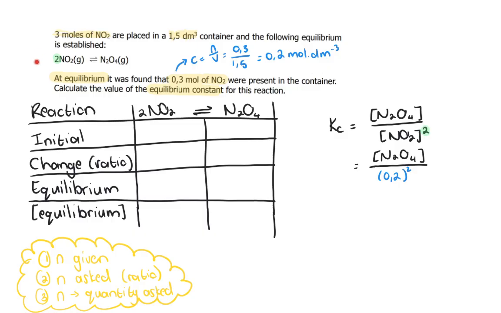Then you change your moles into the specific quantity that they asked you, whether concentration, mass, or volume. So it was always those 3 steps that I needed to do my stoichiometric calculations.